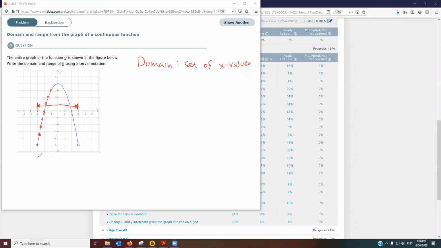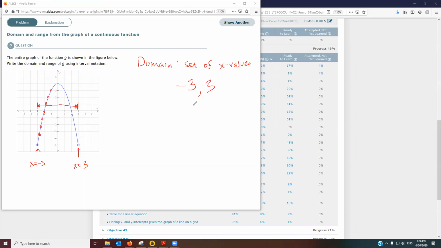Well, notice this graph is at x equal -3 here on the left side, and it extends over to x equal +3 on the right side. Right? That's the entire span of the graph in the horizontal direction. That's what we're looking for with the domain. So the domain in this example is going to be from -3 to +3.